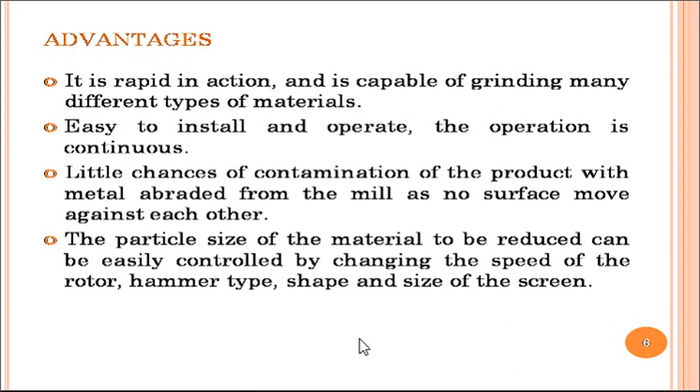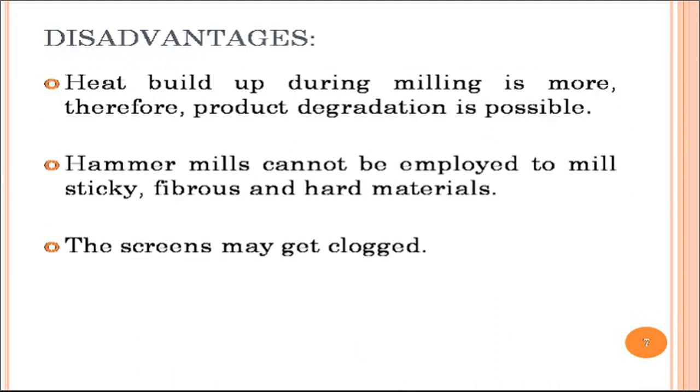The particle size can be easily controlled by changing the speed of the rotor, hammer types, and the shape and size of the screen. This is the way by which one can control the operation.